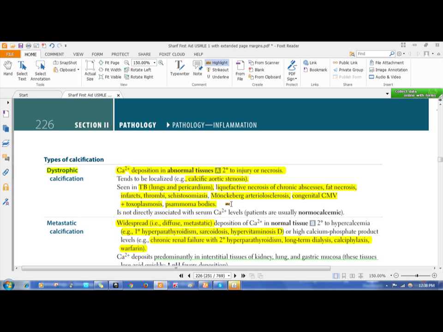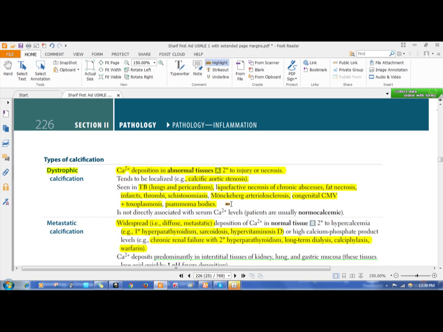Those are the situations where you get some partial necrosis inside the tumor, and this actually invites the calcium to come in and fill the necrotic area and form those concentric rings of calcification, which light up as blue when you stain them for calcium or with a basophilic stain.